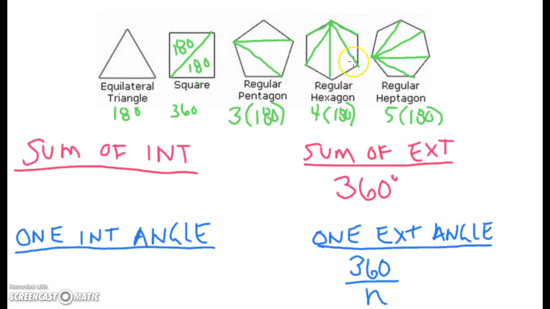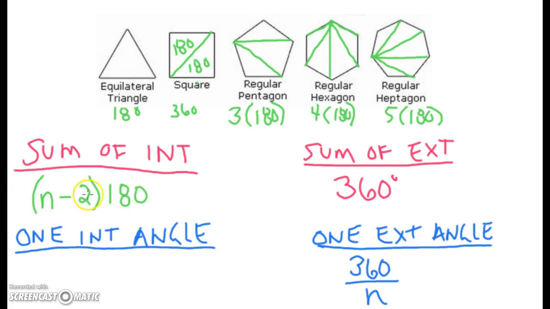Same thing here, you had 6 sides. You take 6, take away the 2, get 4, you multiply by 180. So the formula here is the number of sides minus 2 times 180.